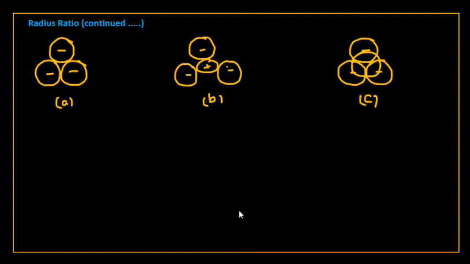Now let me explain this. Before that, let us understand something. The most stable arrangement is one in which the anions are touching each other as well as the cation simultaneously. Thus, the stable arrangement for the planar triangular structure is shown in the figure.